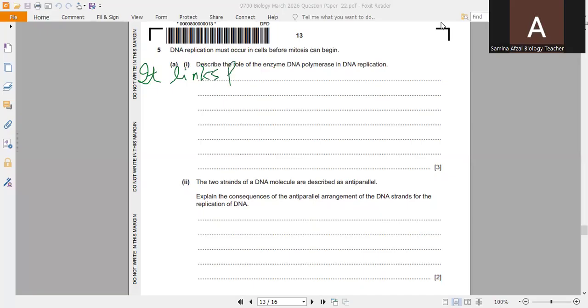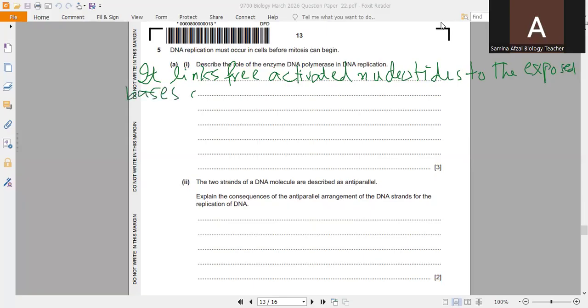It links pre-activated nucleotides to the exposed bases on the template strand via complementary base pairing.